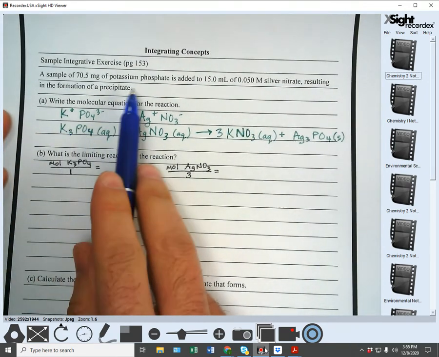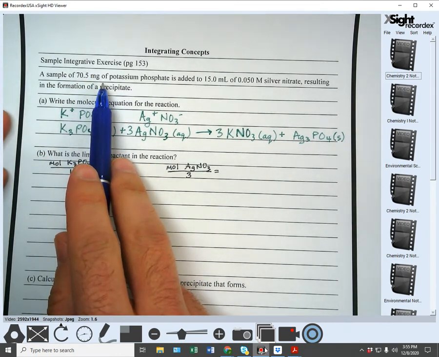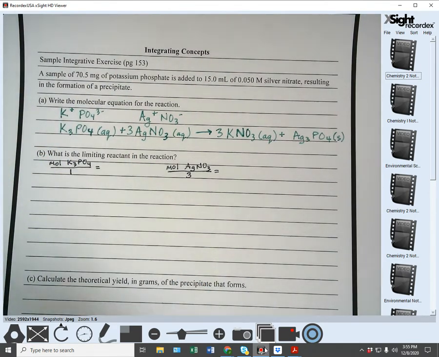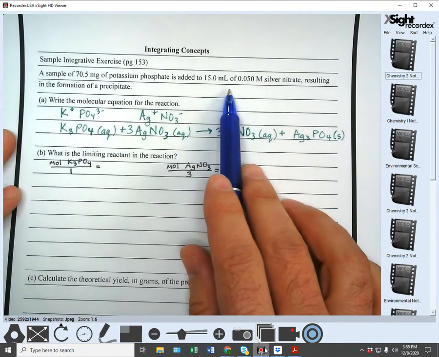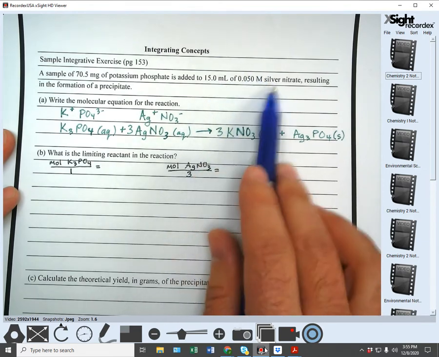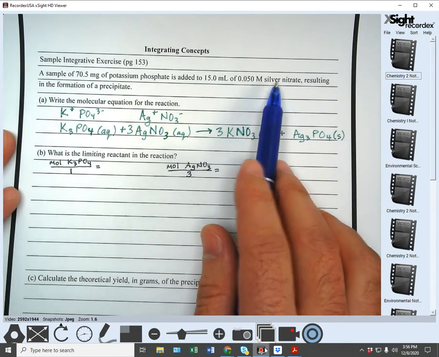Moles of potassium phosphate. All we have is milligrams, right? And we've got milligrams of that, and we've got a molarity, and we've got milliliters of silver nitrate.